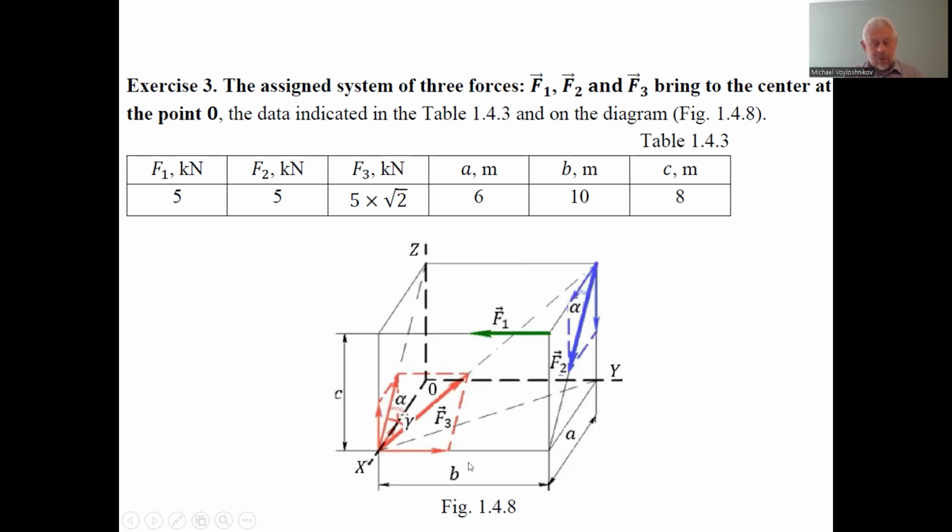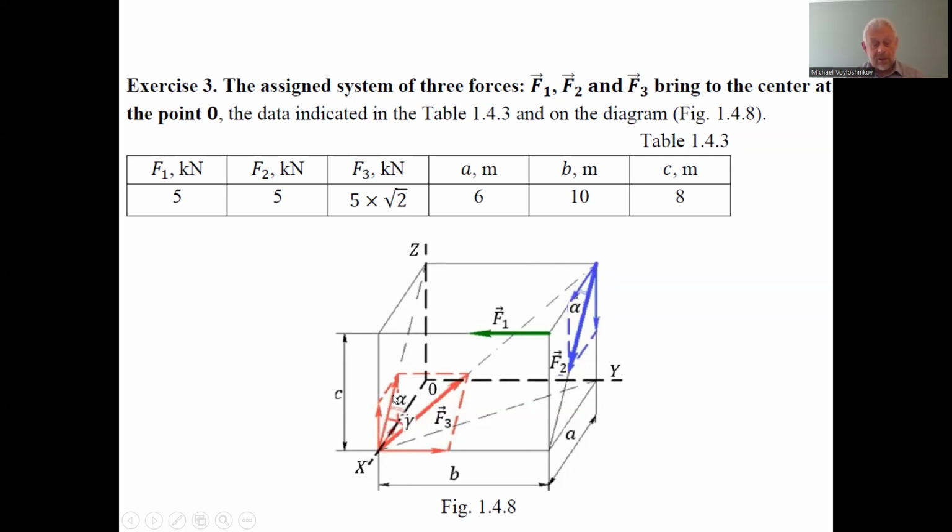And of the force F3, we have components located in parallel. They do not cause a moment relative to the x-axis. And we have the component only here, only the vertical one, because this horizontal component crosses the axis.